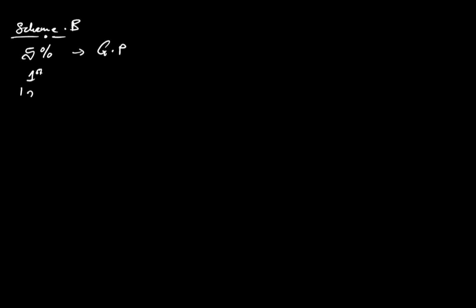we're having 1,200 computers. So if I'm increasing by 5%, what is 5% of 1,200? Let's try and see. We'll have 5% divided by 100% times 1,200. This will give us roughly about 60 computers. So the increment is 60.